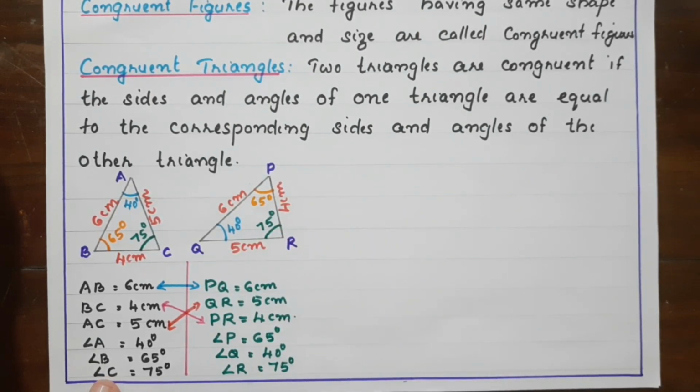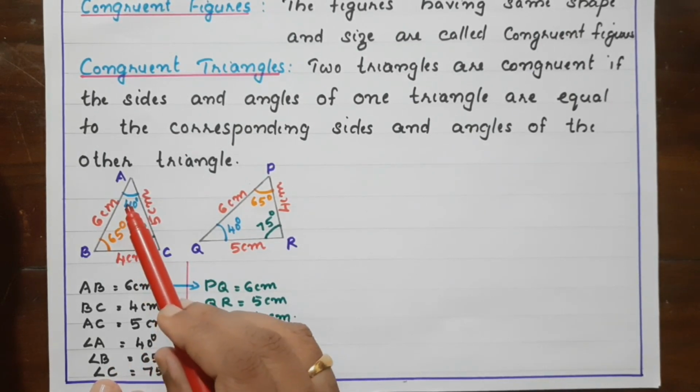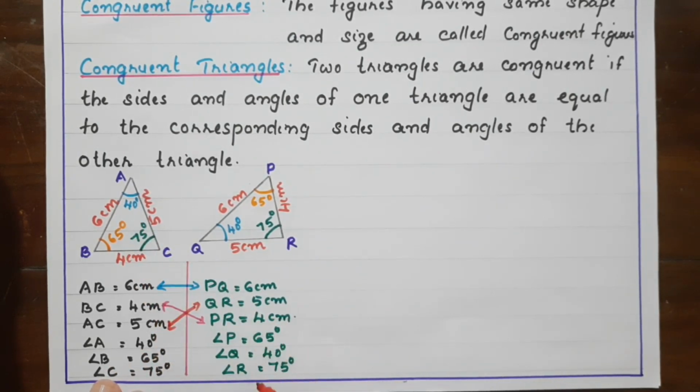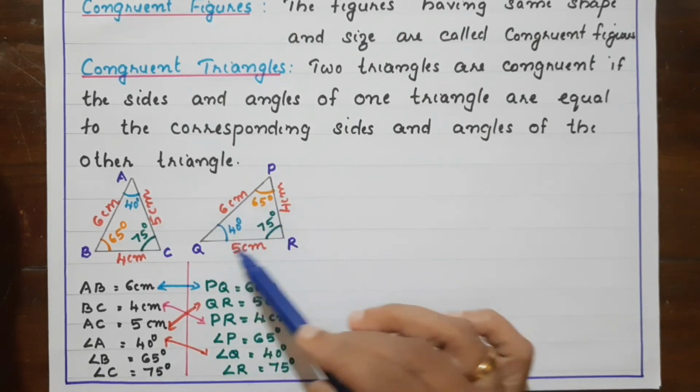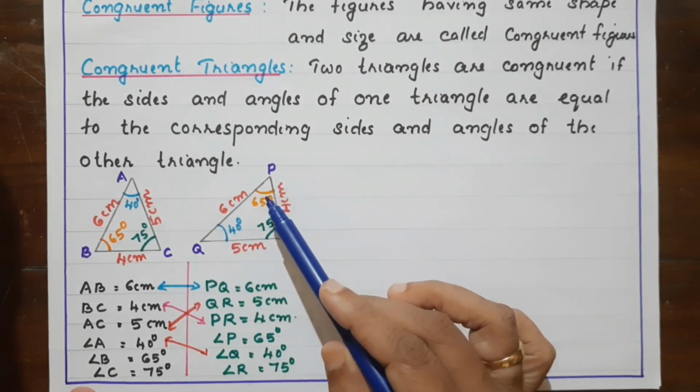Now let's verify angle. Angle A is here 40 degree. Here which angle is 40 degree? Yes, angle Q is 40 degree. So these two angles equal. Then angle B 65 degree. Do you have any angle with 65 degree in this triangle?